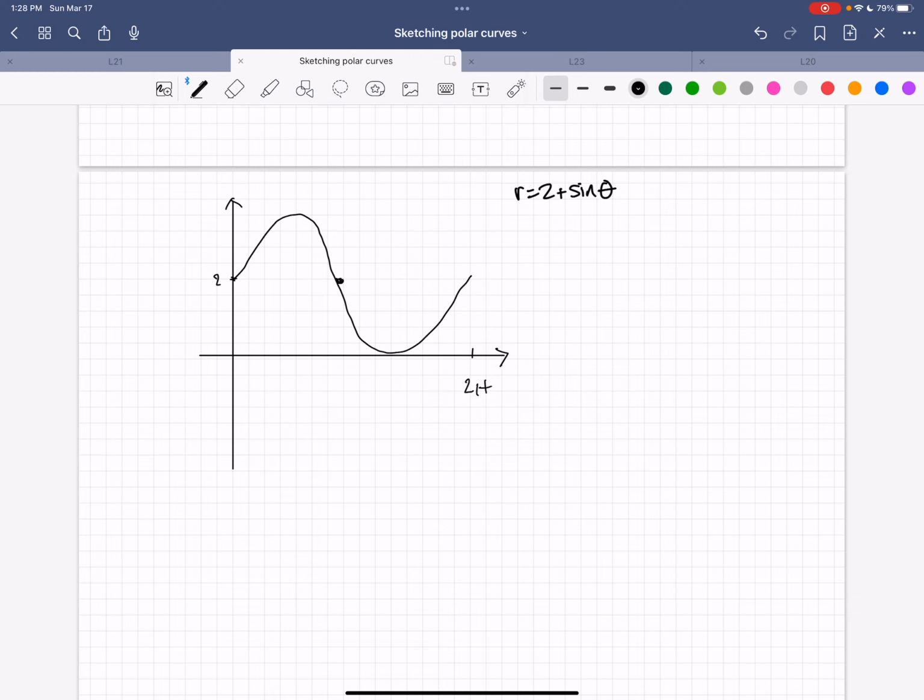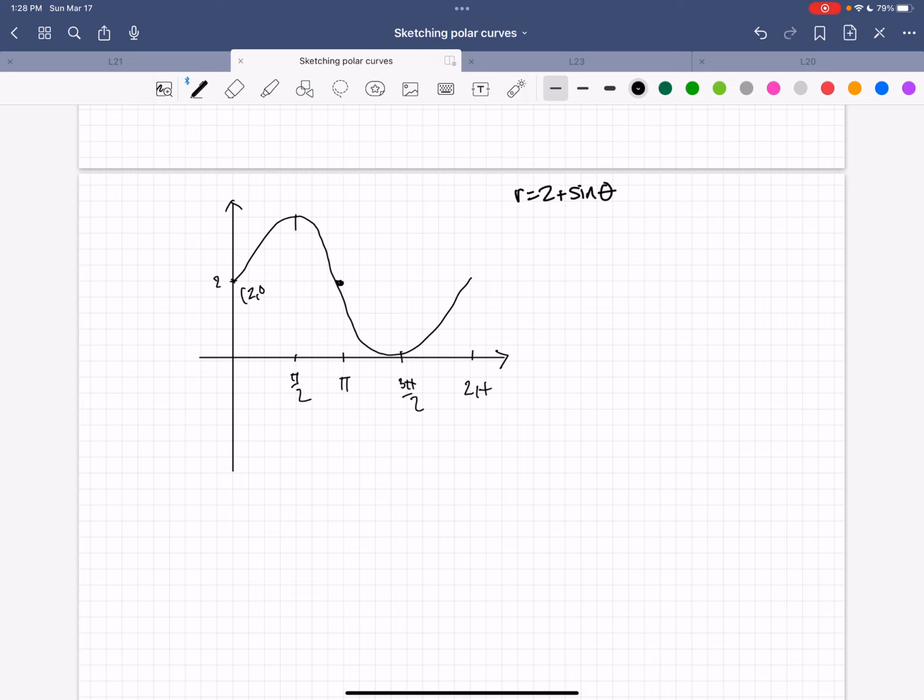Okay, so then normally we'll have this point at pi, 3 pi over 2, pi over 2. Let's translate these into some points. This one, angle is 0, radius is 2. Sorry, I'm just thrown off. I think I sketched this kind of wrong.